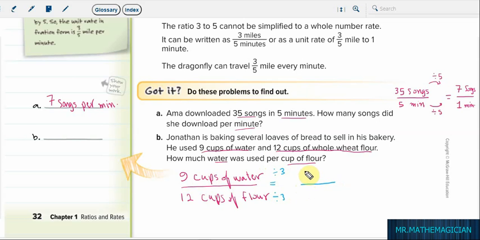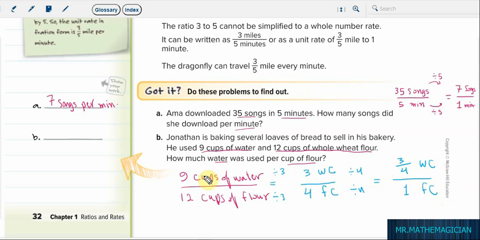This will give you 3 water cups over 4 flour cups. Now I must have this denominator as 1, so I'll divide by 4 up, by 4 down. 3 is not divisible by 4, so we write it as 3 over 4 water cups. Down is 1 flour cup.